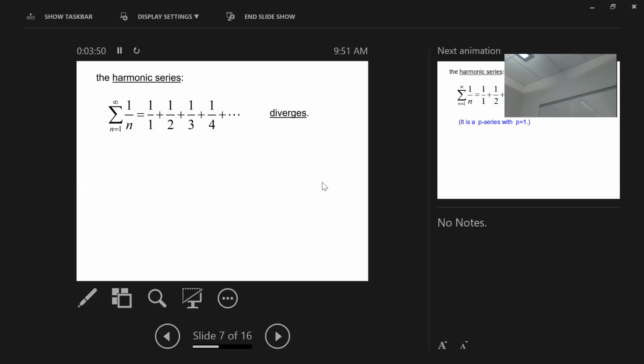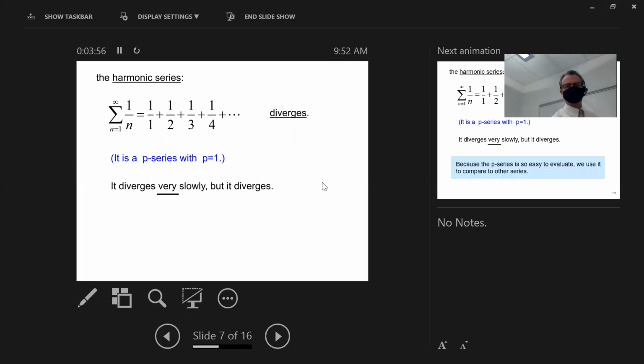It's going down. But even though it's going down, this thing diverges. Barely, but it does diverge. That's important, okay? You need to understand this. The harmonic series diverges, and we're going to use that to compare things.